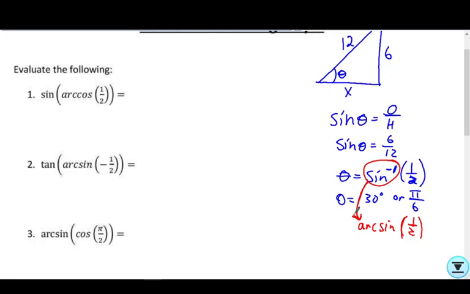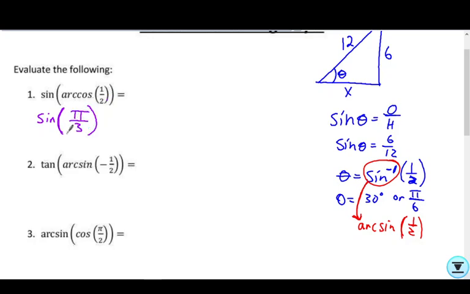So the easiest way of doing this is to split it up into a couple pieces. So let's deal with the inside first, since we're doing a composite function. We have a function inside of a function. So this is asking us right here, arc cosine 1/2. So what angle measure is cosine 1/2? Okay, and that is at pi over 3.